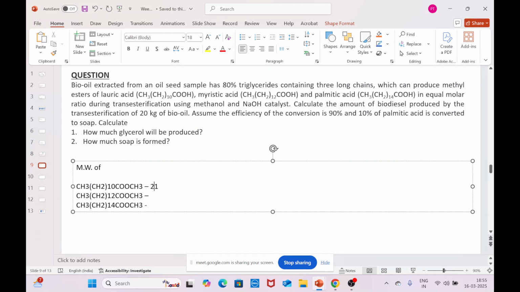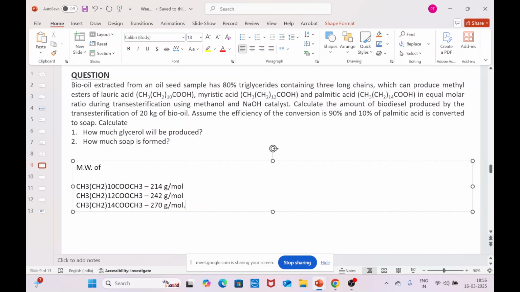This one is 214 gram per mole, this one will be 242 gram per mole, and this one will be 270 gram per mole. I hope these are correct.